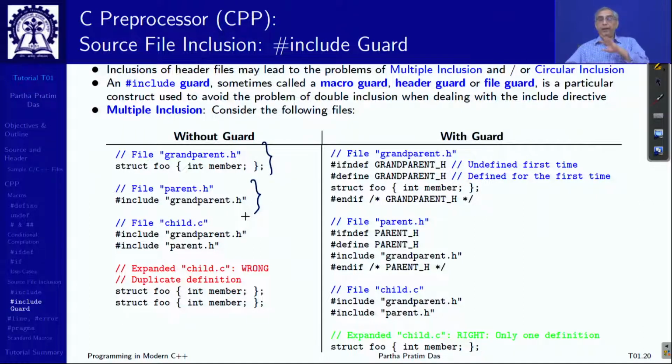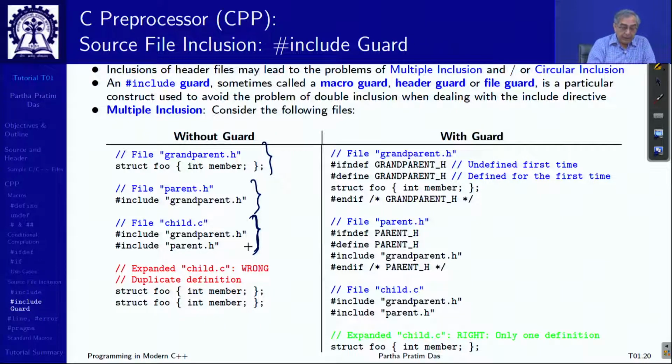You have another, parent.h, which included grandparent.h. Right? Now, you are writing a source file, and in the source file you do not know whether you have to go to parent or grandparent, so you have included both of them.